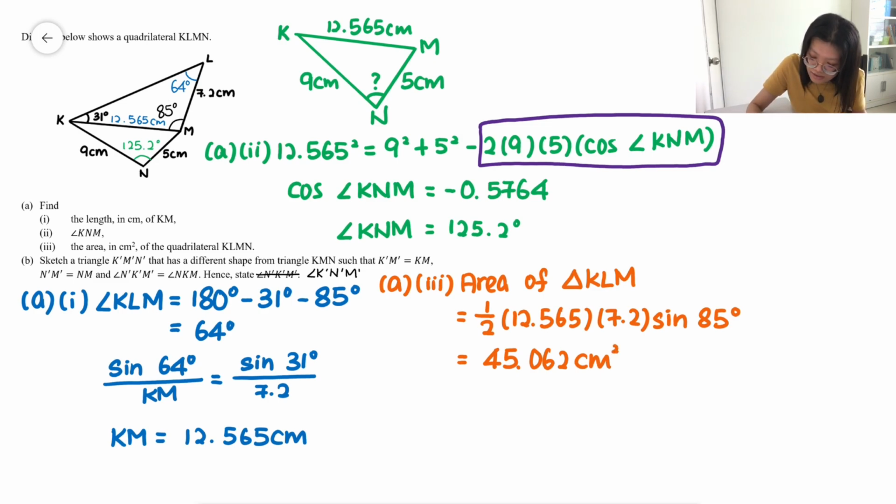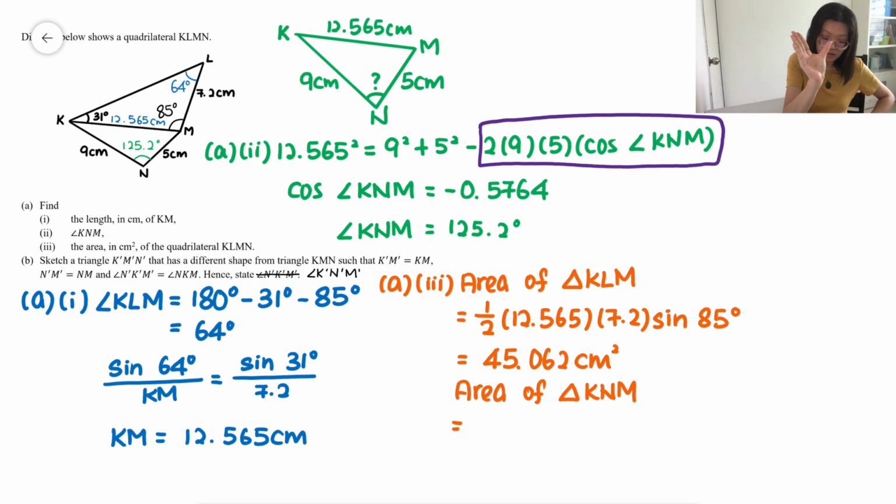Next, the second step, we need to find the area of triangle KNM. Okay, this is only one choice, like this one.